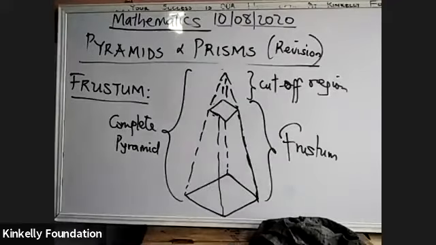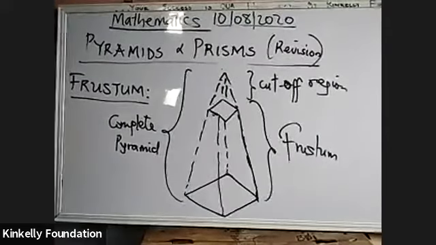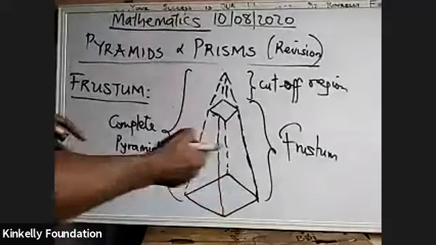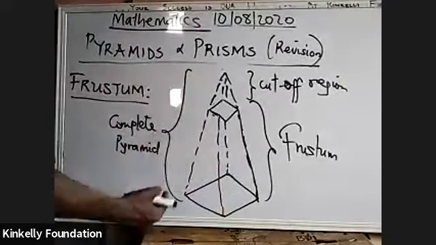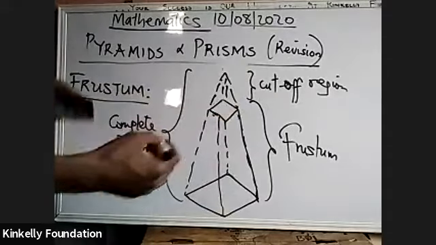So when we are asked to calculate the volume of a frustum, we know that it is the volume of the complete pyramid minus the cut off pyramid.